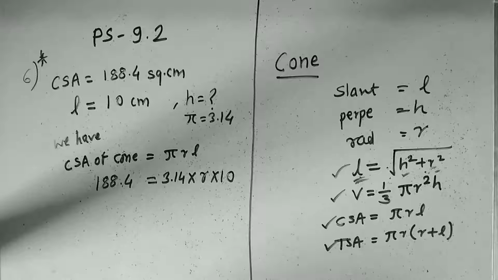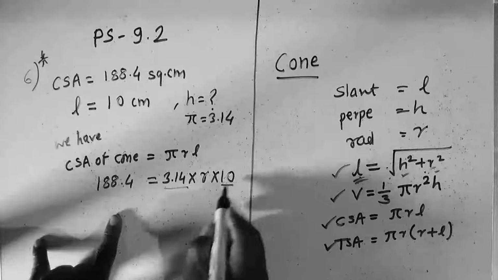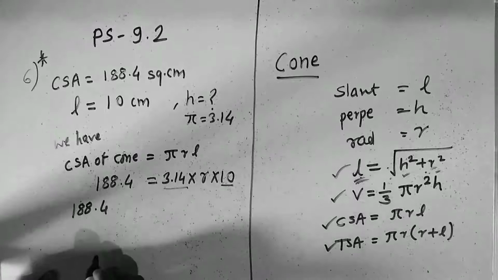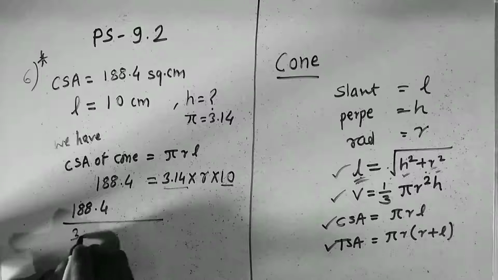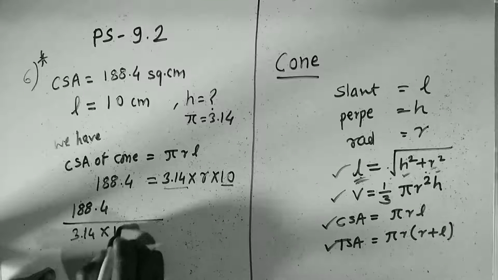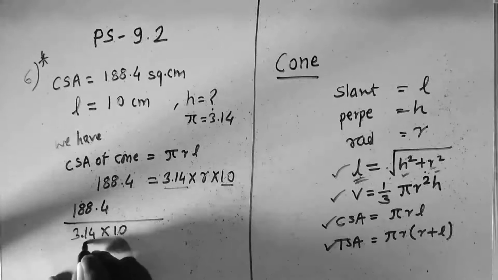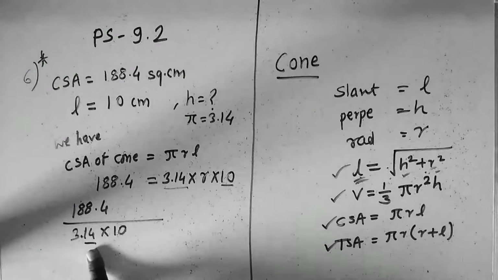So let's continue. First of all, what we have to do is send the remaining values to the opposite side. That is, 188.4 divided by 3.14 multiplied by 10. Now students, as you can see, 3.14 has two numbers in the decimal position.